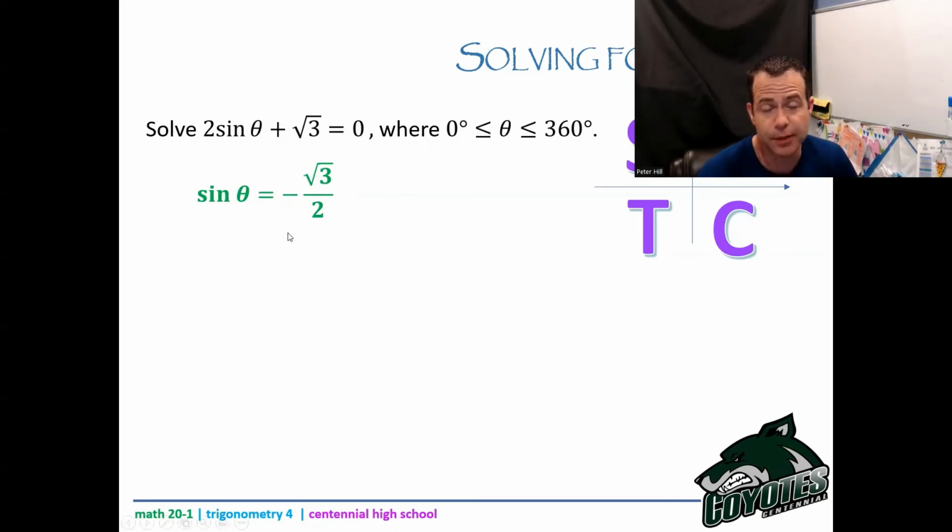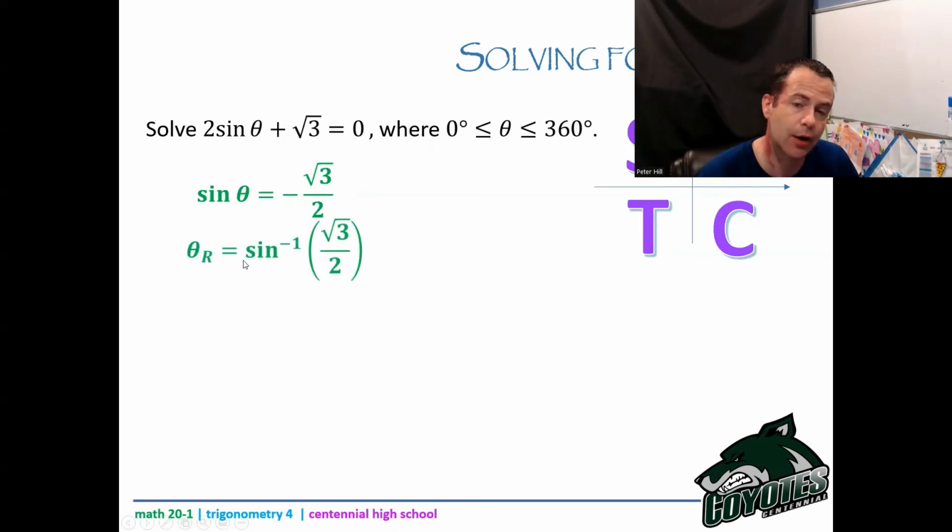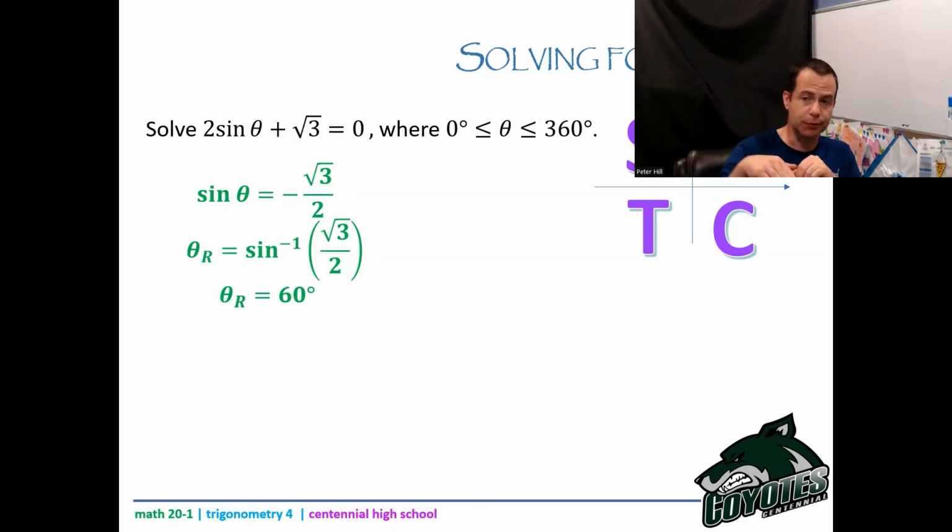You will have to build special triangles. So if you want to do it here as well, perfect. Okay, so the reference angle when I arc sine positive root 3 over 2 becomes 60 degrees. And then I have to think, okay, my sine ratio is negative. When is my sine ratio negative? Well, that is between quadrants 3 and 4, the bottom 2 quadrants.